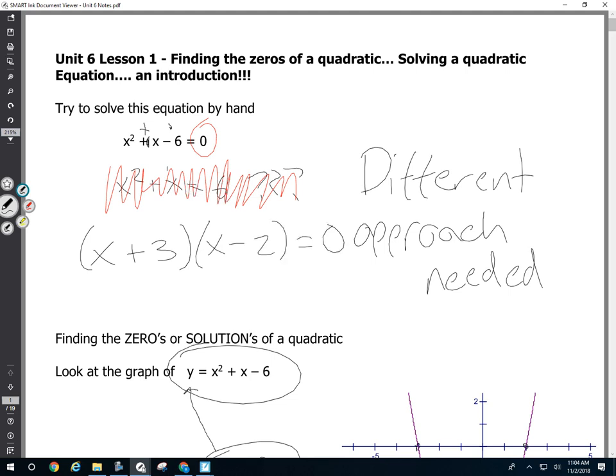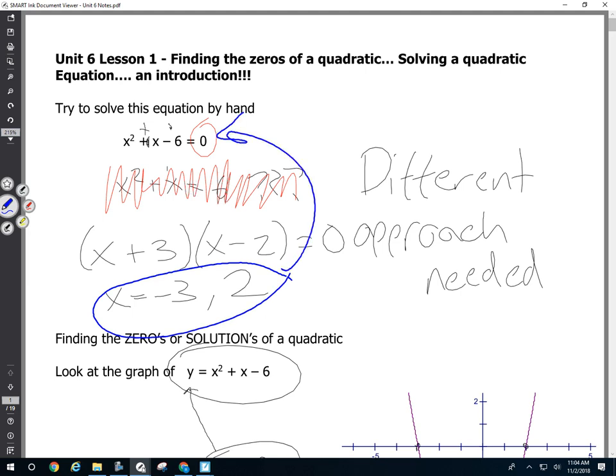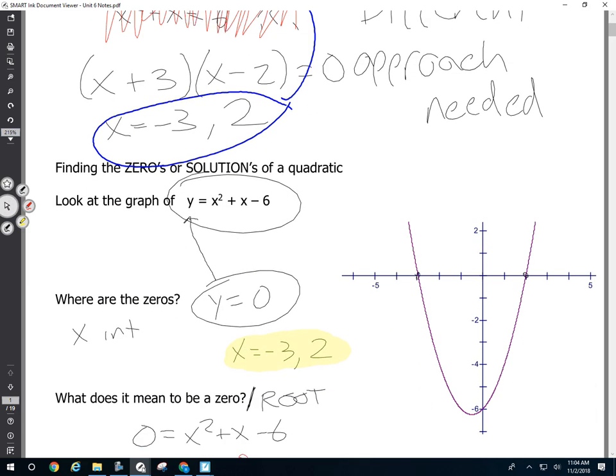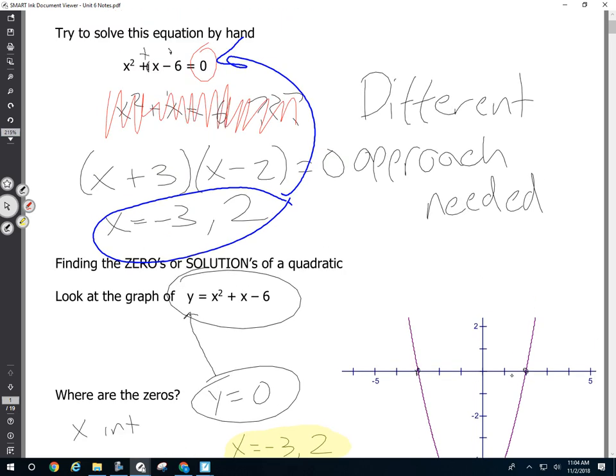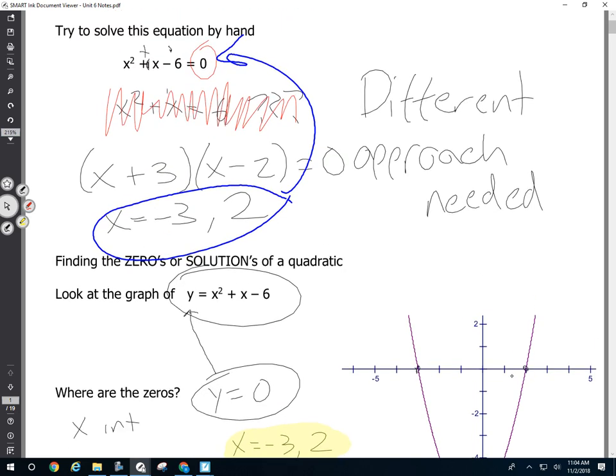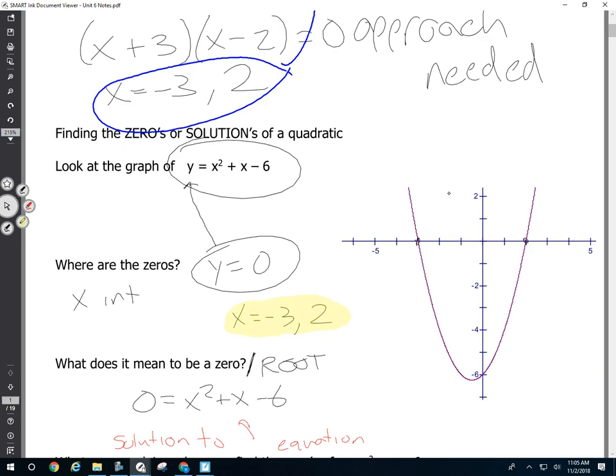Keep the 0 here. That's important. And after turning from this into this, from a sum to a product, we now can use the 0 product property to say, oh, -3 and 2 work in my original equation, and we visually saw -3 and 2. Isn't that neat? We're not going to be able to graph, though, in this class, so we're going to have to do it this way. Great.